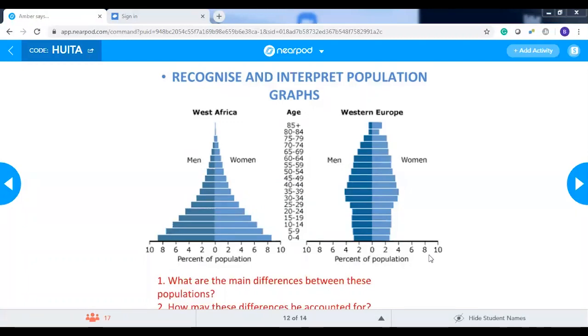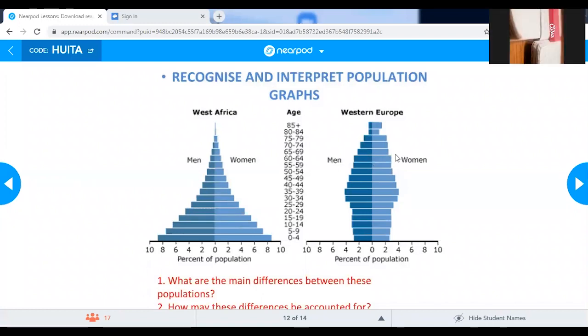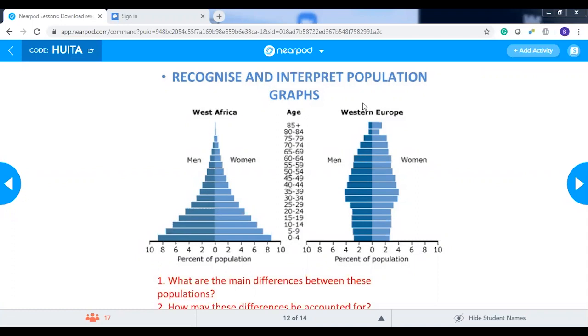Yeah, that's good. We can say that in Western Europe they have more supply for their life. They have increased medical supply and food supply. They have increased the lifespan of humans.